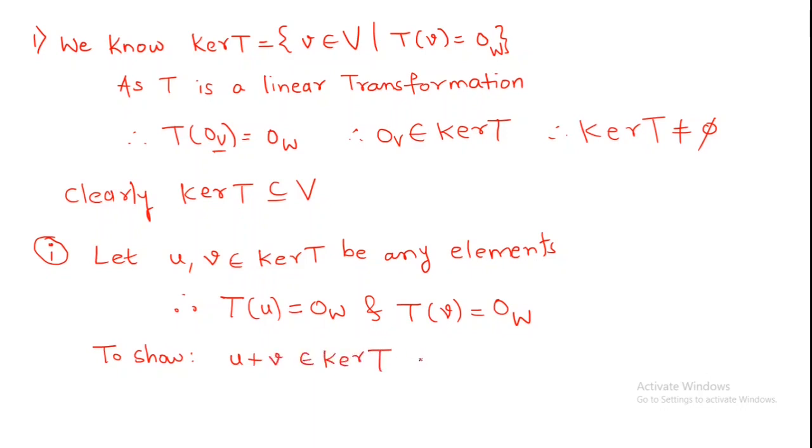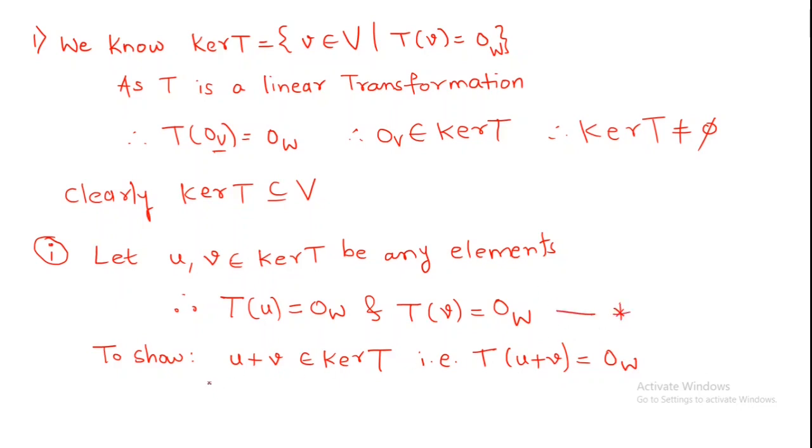What is the meaning of this? That is T of, now see, when will this element go and sit in kernel of T? If the image of this element is equal to 0. The meaning is T of u plus v is equal to what? 0. So I will start with LHS and I will prove that it is equal to RHS. So I will call it star.